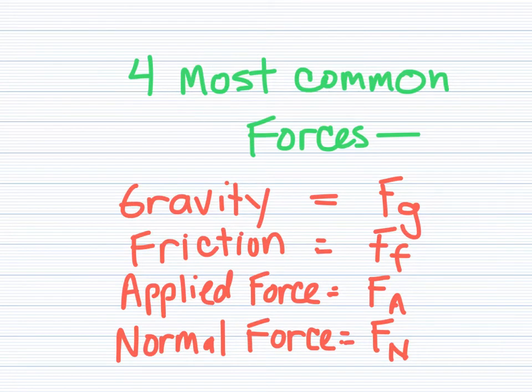These are subscripts, by the way. They go down a little bit below the line. And then the applied force is capital F and an uppercase A. Sometimes it's a lowercase a. And lastly, the normal force, which tends to confuse people, we'll spend a little bit more time on this one, is capital F with a capital N subscript.